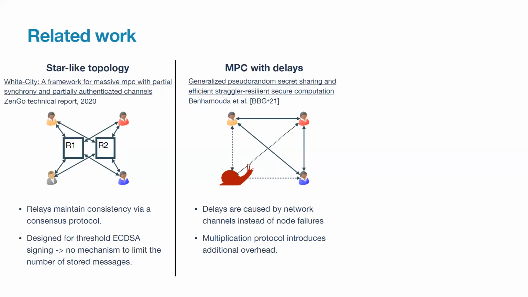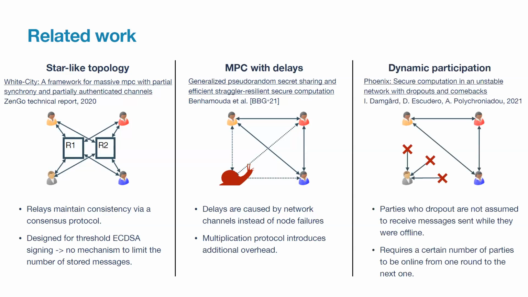Then there's also this work by Ben Hamuda et al., where there are no relays, but they also consider delays, and they also allow faster parties to move ahead in the computation. But here, the delays are a bit different from our work, and they have a maximum number of messages that can be delayed per round. Then also their multiplication protocol has a bit of extra overhead when compared to ours.